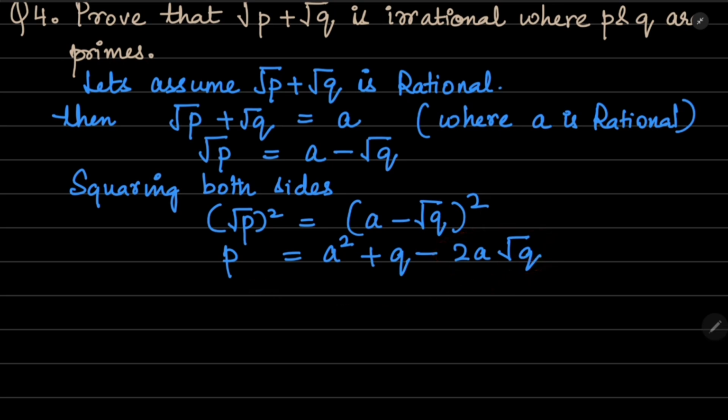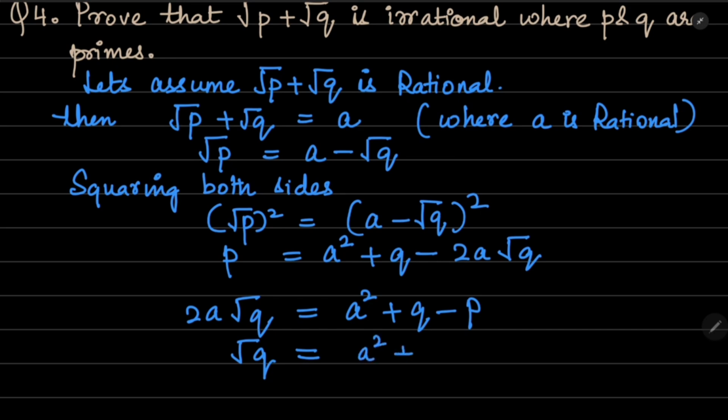So I'll have 2A root Q is equal to A square plus Q minus P. P and Q are all rational. Now let root Q alone be left on the LHS. Take 2A to the denominator, so you have root Q equals A square plus Q minus P, the whole divided by 2A.